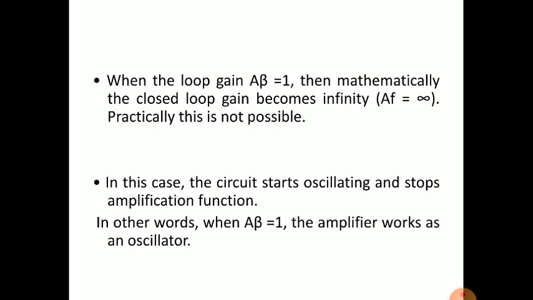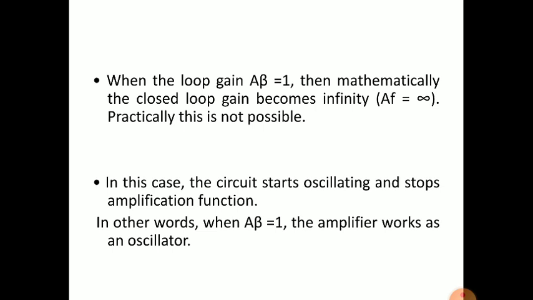But what happens in this case? The circuit starts oscillating and stops the amplification function. In this case, the gain equal to infinity will not happen. But if the input is 0, that means without any input, if we get an output, then the gain, output by input, becomes infinite. Here, no input means there is no AC signal input, but we are giving the bias voltages VCC, VBB, right?